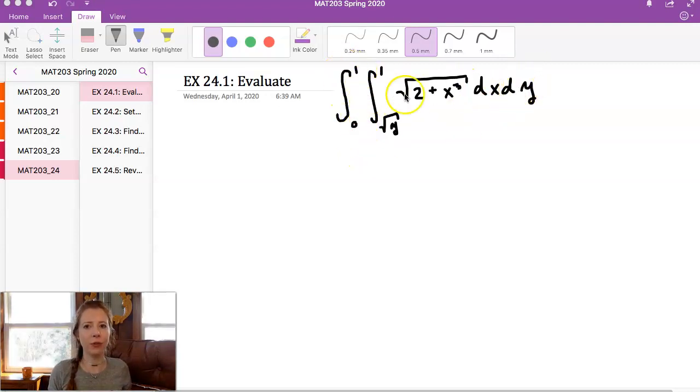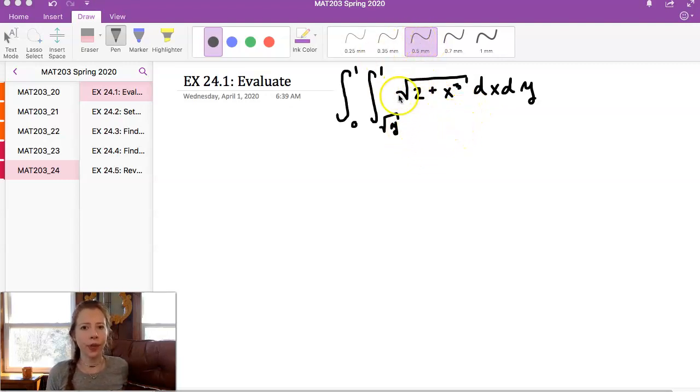So this would be 0 to 1 dy, and then for the inner bookends here, we're going from the square root of y to 1, and so that is going to be for our dx, okay? And so that's going to be our x interval, and our function is going to be the square root of 2 plus x cubed.